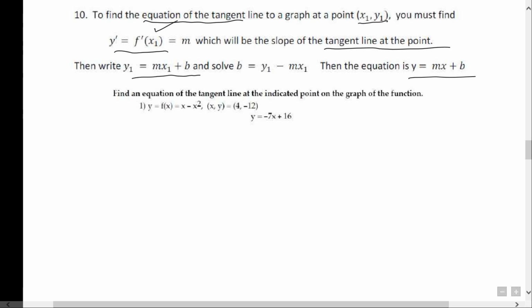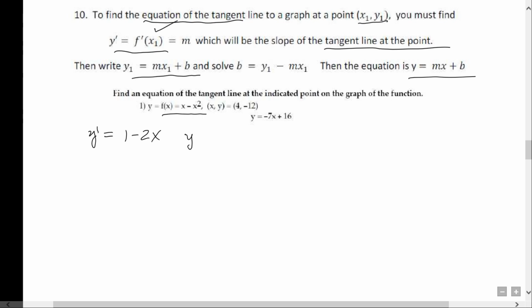So for instance, let's find the equation of the tangent line for the function f of x equal x minus x squared. Y prime, of course, is equal to 1 minus 2x.